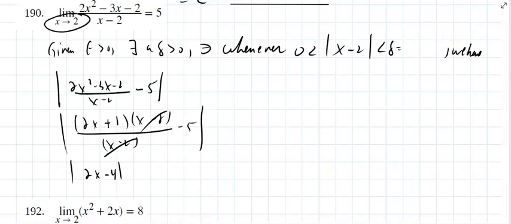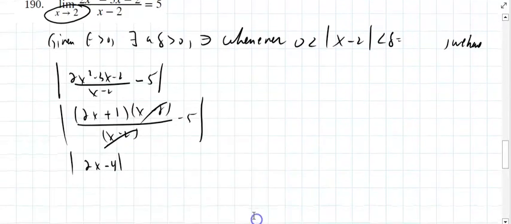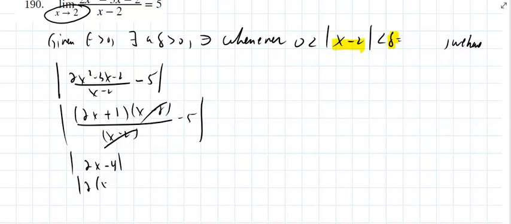Why? Because I just want to get an x minus 2 in there, so I could replace it by something bigger. If I factor a 2 out, that is less than 2 times delta. So what do you think I should let delta equal? What should I put there? Well, obviously epsilon over 2.